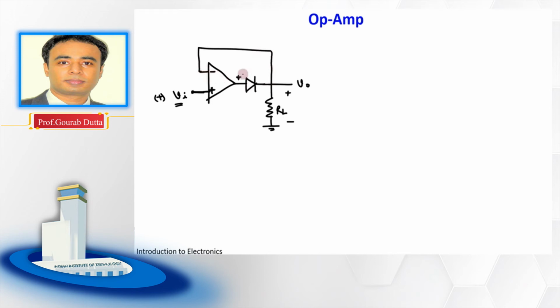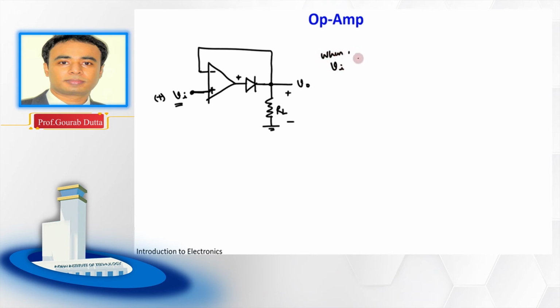So basically this circuit is nothing but a voltage follower circuit. You remember the voltage follower circuit that we discussed last class, where we have seen that output voltage will follow the input voltage. So whatever is the input voltage, that will go to the output voltage, isn't it?